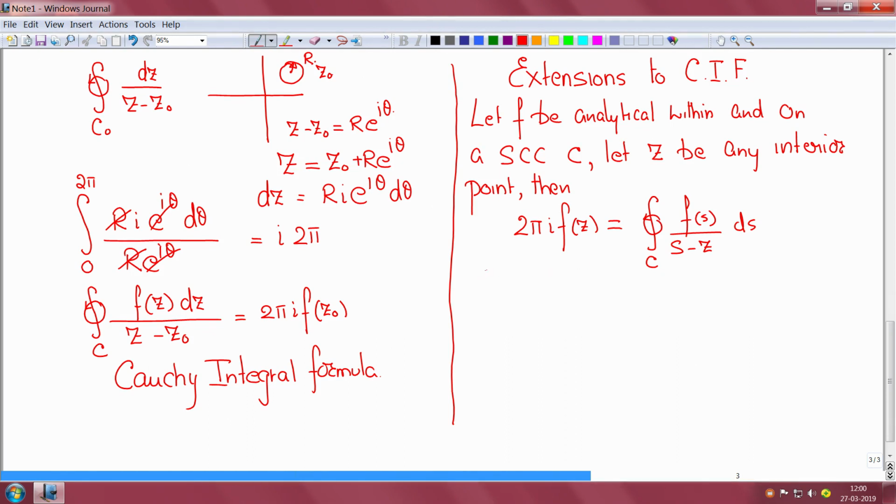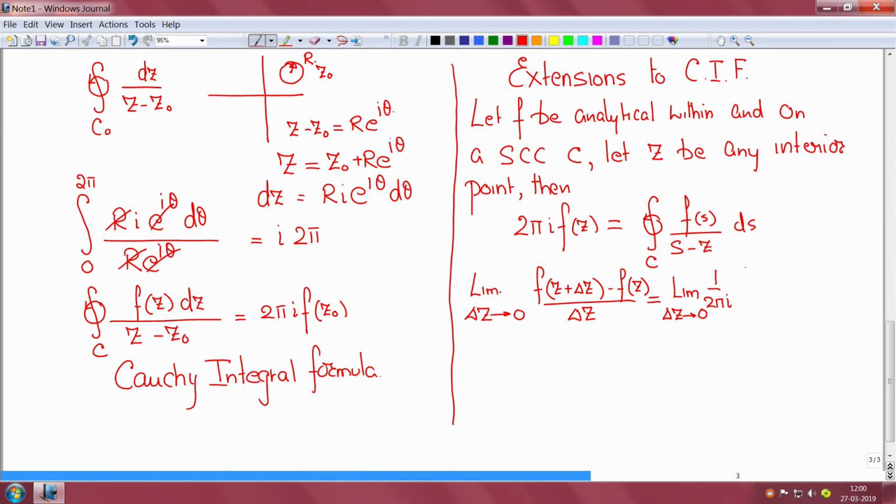What I will do is I will take this limit, delta z going to 0, of f of z plus delta z minus f of z divided by delta z. What happens on the right hand side? Obviously I will get the limit delta z going to 0. Then I have 1 by twice pi i.